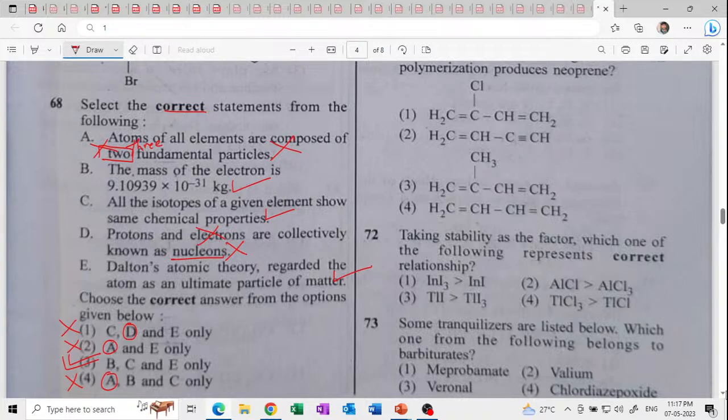Protons and electrons are collectively known as nucleons. No, this is not correct because electrons are not included as nucleons. Protons and neutrons are included in the nucleons. Dalton's atomic theory regarded the atom as an ultimate particle of matter. Yes, this is an assumption of the Dalton atomic theory. Get it? So the third option is the correct one because it did not include A and D.